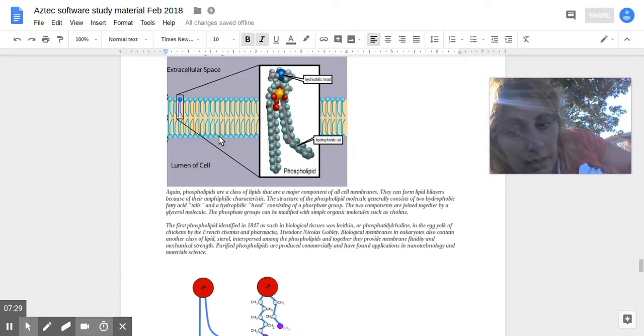Phospholipids are a class of lipids, which is the major component of all cell membranes. They form the lipid bilayer because of their amphipathic characteristics.